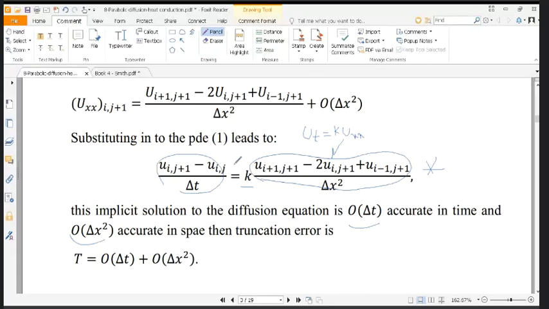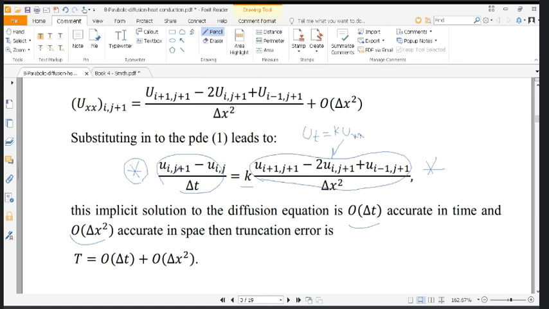Please rearrange this equation that is marked by star such that unknown values of u are put on the left and known values of u are put on the right. Which of them is known and which of them is unknown?